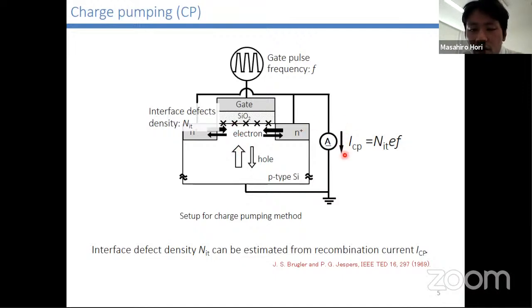This current is called the charge pumping current and is proportional to the defect density, the elementary charge and the gate pulse frequency. So by measuring the charge pumping current, we can estimate the defect density.